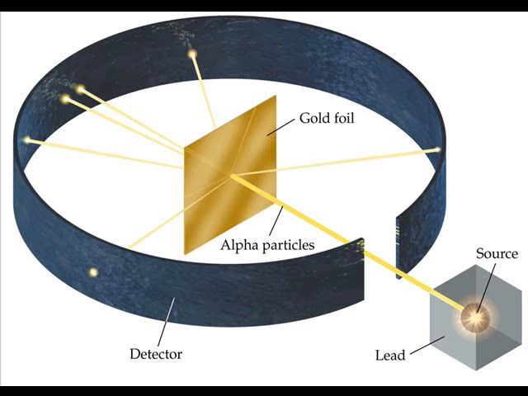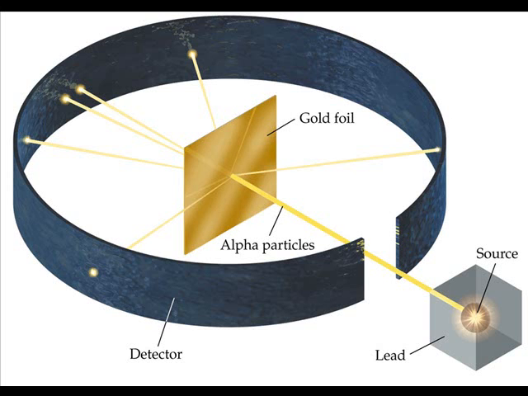But some of it ricocheted off, indicating that there was this solid core to these atoms, and that core had to be really small. And it had to be small because it didn't ricochet that often, and in fact most of it went through. So these solid cores had to be very, very tiny and only occasionally got hit.